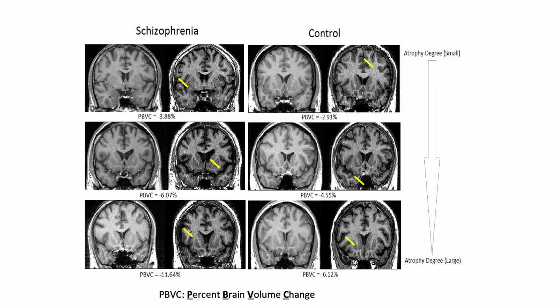And with the patients, it's just the same pattern. It's a little bit more prominent. This is the percent brain volume change. So 6% loss in this person, about 3% loss over 9 years in this person. So just some examples of patients with the same aspect as the controls, but a little bit more prominent.